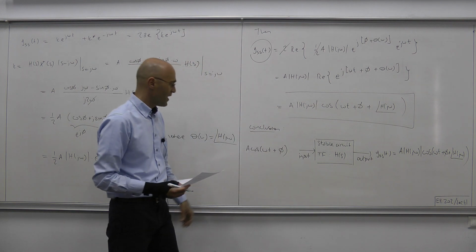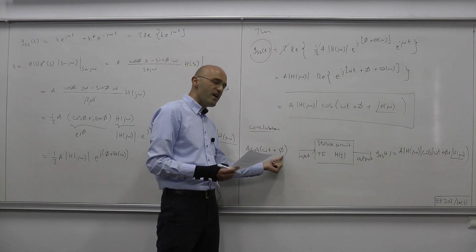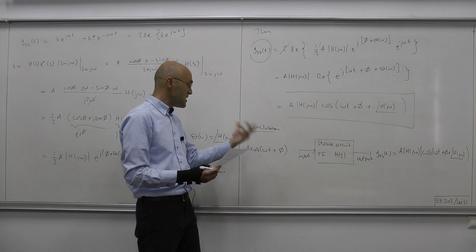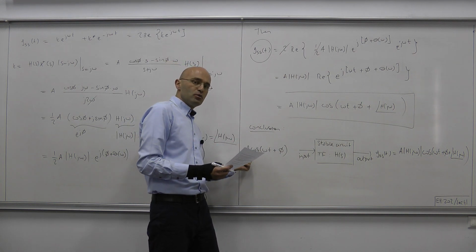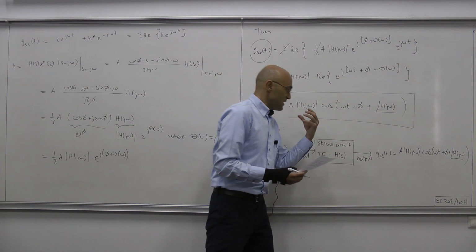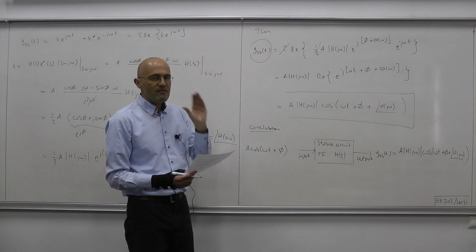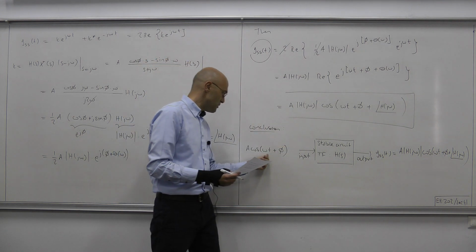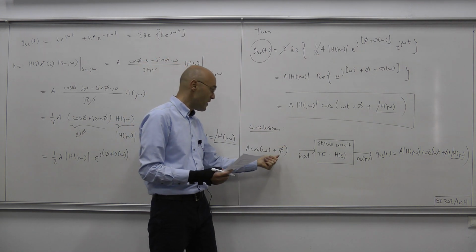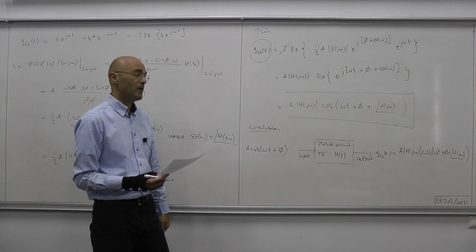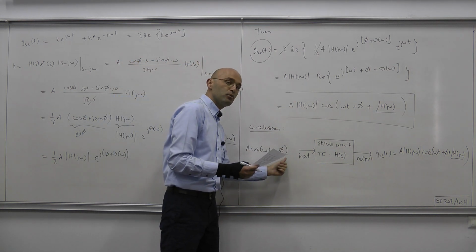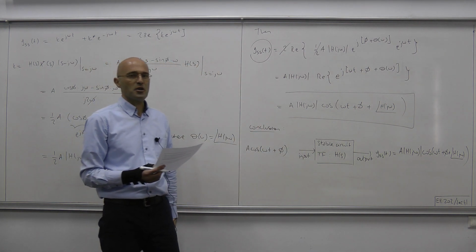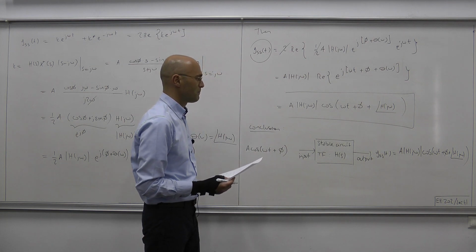And how about the amplitude and phase of that sinusoidal signal? The amplitude will be equal to the amplitude of the input times the magnitude of the transfer function evaluated at s equals j omega. Omega is once again the frequency of oscillations. As for the phase, the output phase will be the phase of the input plus the phase of the transfer function, again evaluated at s equals j omega.